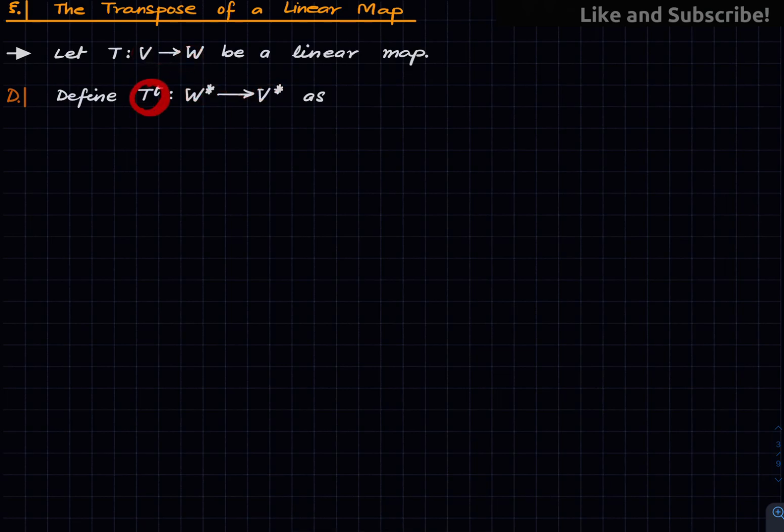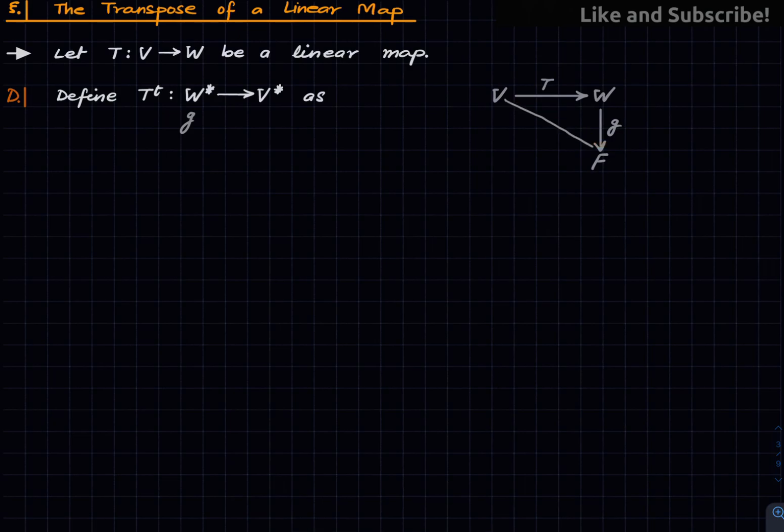So the dual of T, or the transpose of T, is a map of this sort, which is defined as follows. You pick some functional on W, and we need to prescribe what this map does to it. Let me draw a diagram and explain. We have the linear map T, which is from V to W. Now G is a functional on W, so G is a map from W to F, where capital F denotes the base field. So we can compose them.